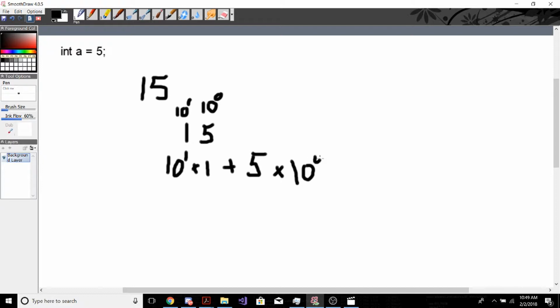And sorry for this bad writing, because I don't even have a tablet available to me right now, so just bear with me. And then you get what? 15. And if you keep going further to the left here, you just get incremental powers. You get 10 to the 2, 10 to the 3, 10 to the 4, 10 to the 5, and so on and so on. So you get the point.